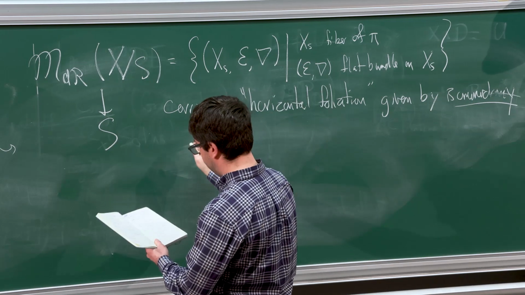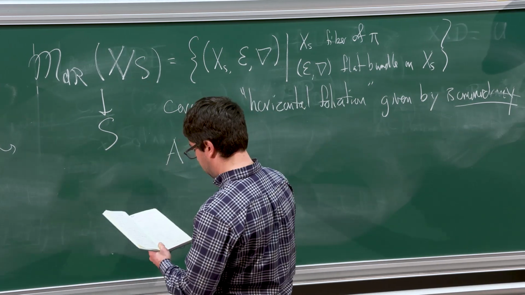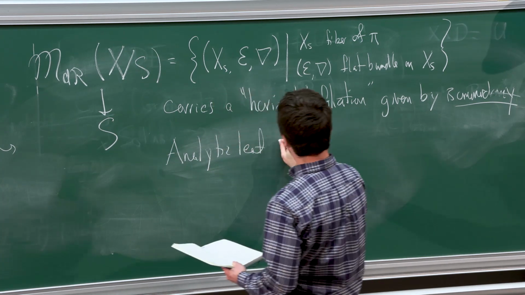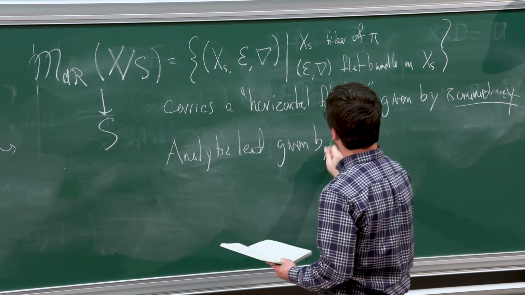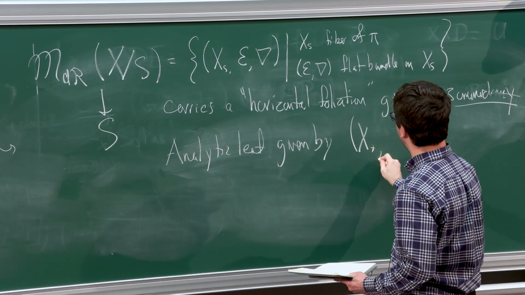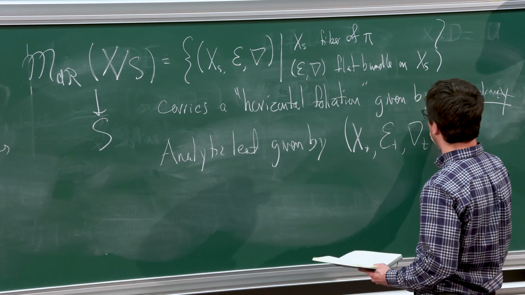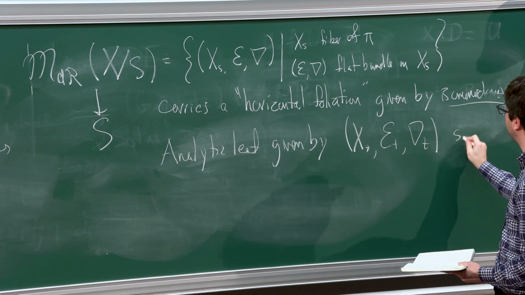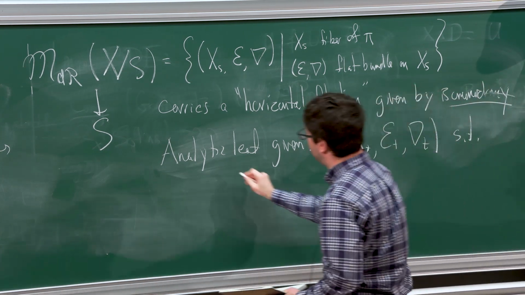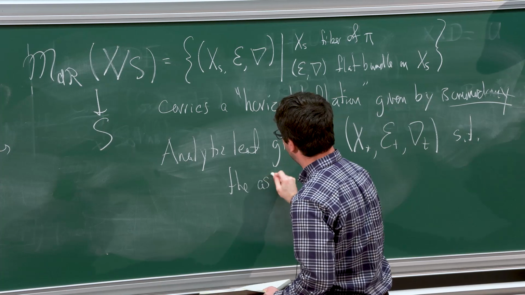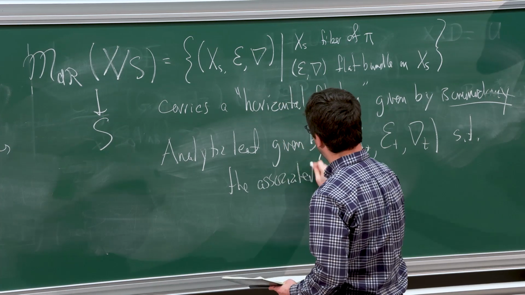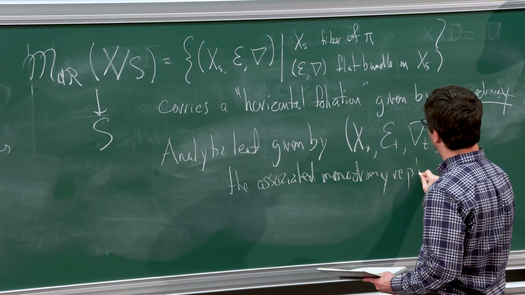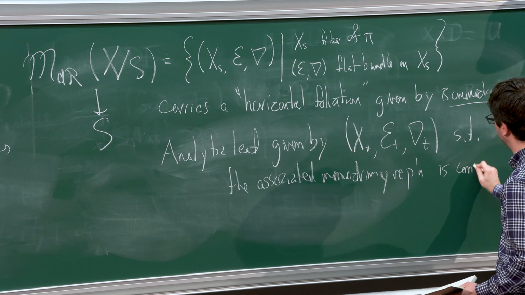It means an analytic leaf is given by a family (X_t, E_t, ∇_t). So this is a family of fibers carrying a family of flat connections such that the monodromy representation is constant up to conjugacy.